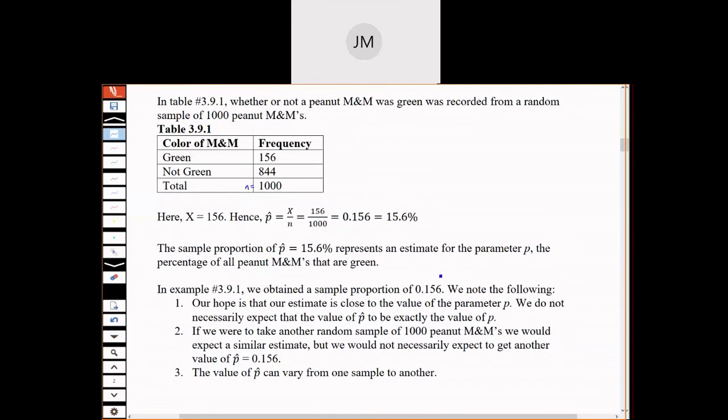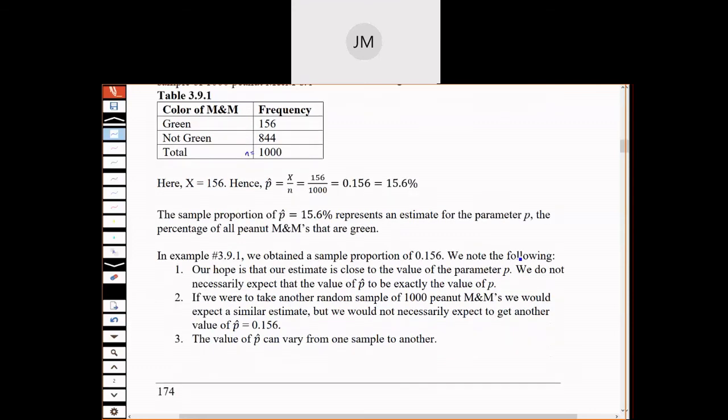Okay, what we can do is we can use that as an estimate for the parameter p. That's the percentage of all peanut M&Ms that are green, not just in our bag, but all of them in the whole world. Right? We could say, all right, 15.6% of all M&Ms are green. Right? And we know that this is really just an estimate. We know that the actual parameter p is probably different, but we don't know what it is.